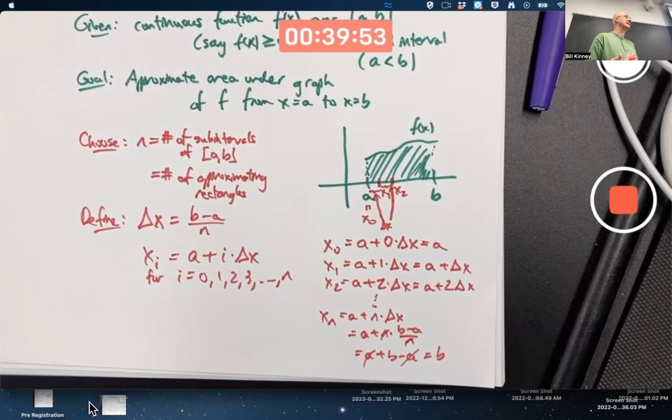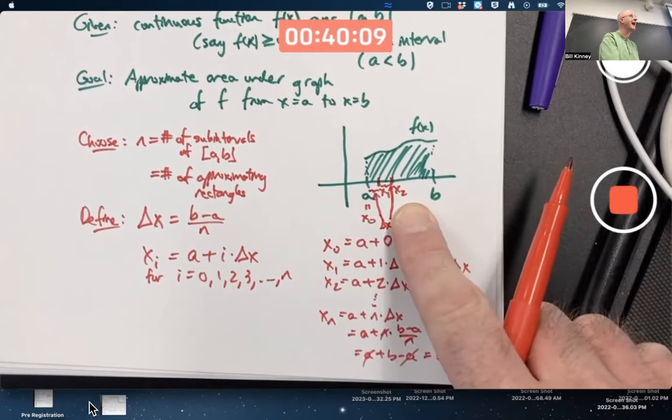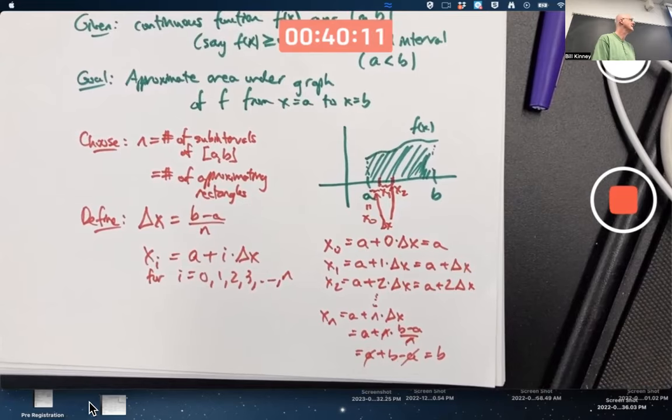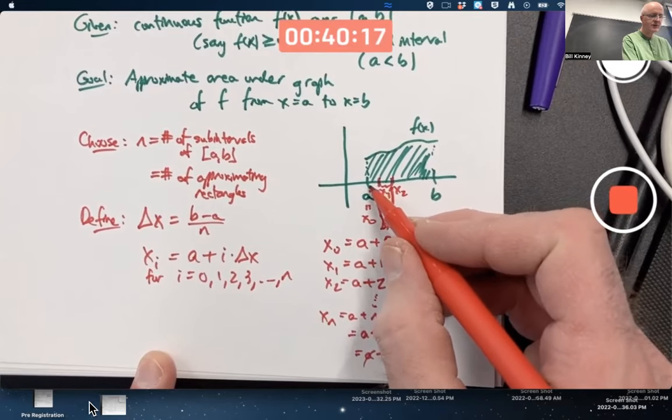What do we do with these things? We use them, what you might call sample points, to plug into the function f to determine heights of approximating rectangles. For each one of these subintervals, I could use the left endpoint to determine the height of an approximating rectangle. Look at the first subinterval.